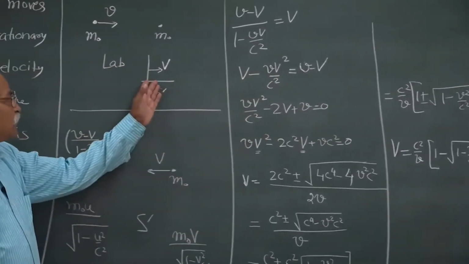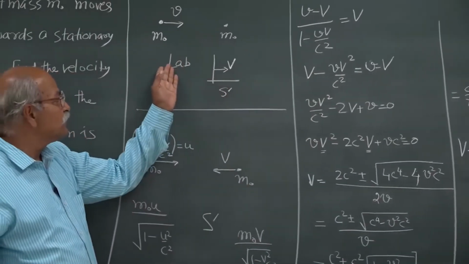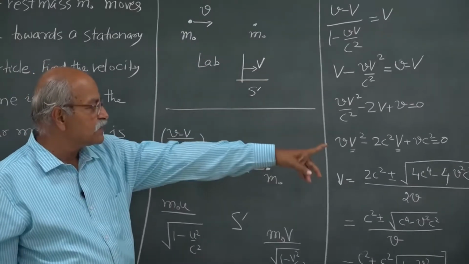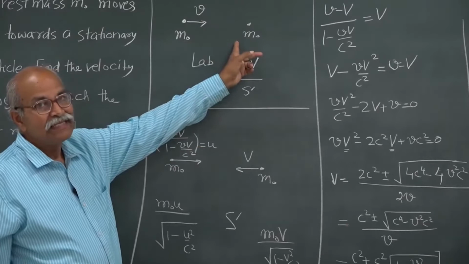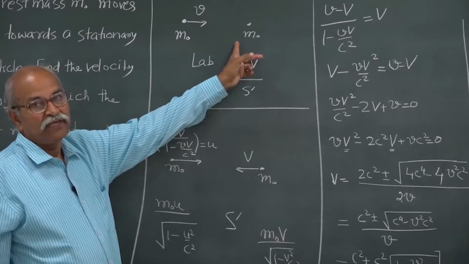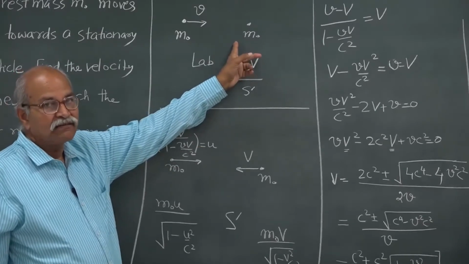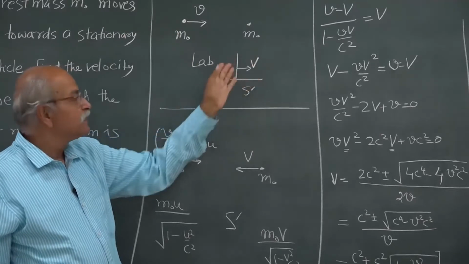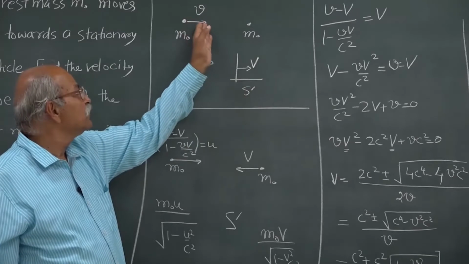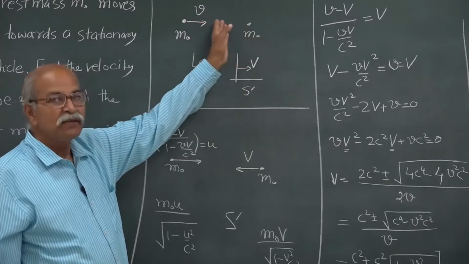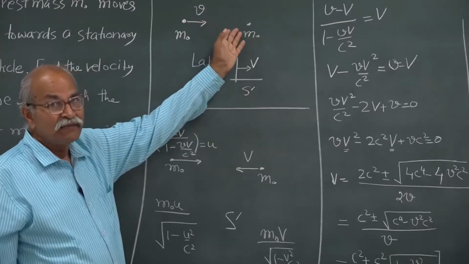So, a frame which moves with respect to lab at this velocity, in that frame the total linear momentum will be 0. If it was non-relativistic, the answer was very simple, it is small v by 2. Then here this becomes v by 2 and this becomes v by 2 in opposite direction, and linear momentum is 0.